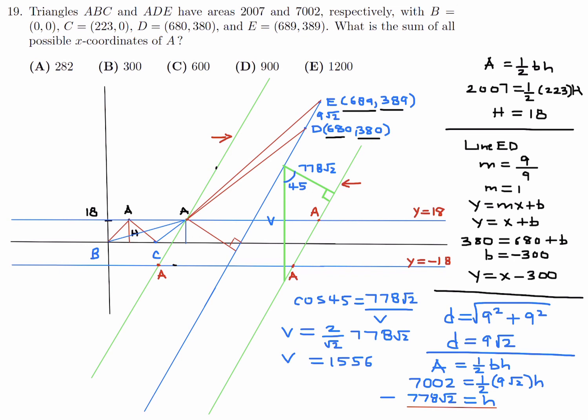So that's very helpful, because that means that we take this line ED and bring it down by 1556 to get this line, or we bring it up by 1556 to get that line.